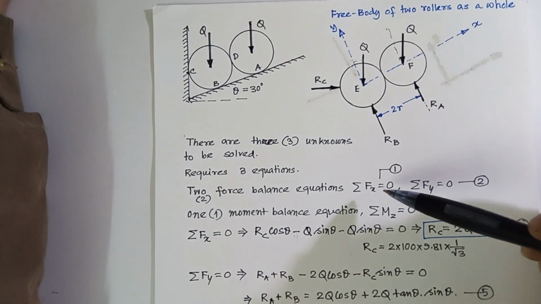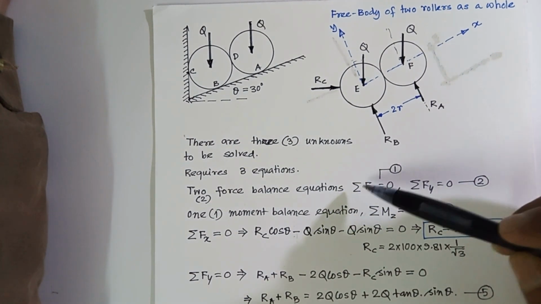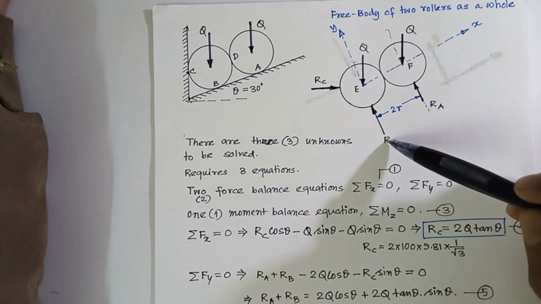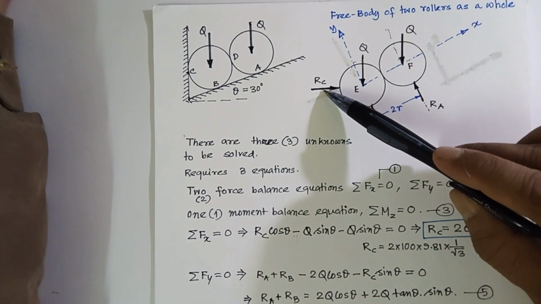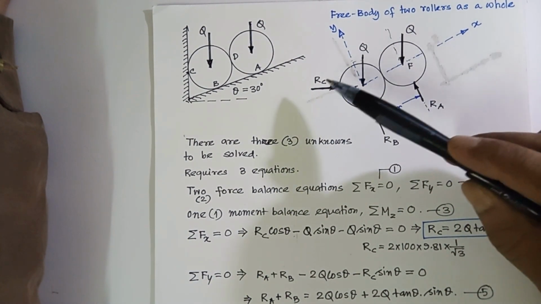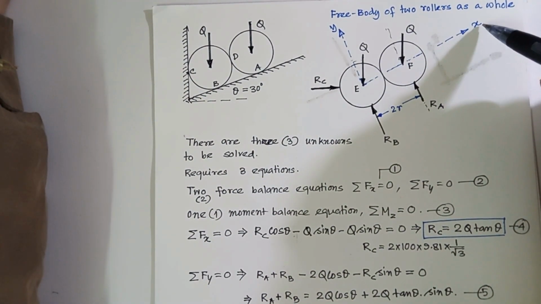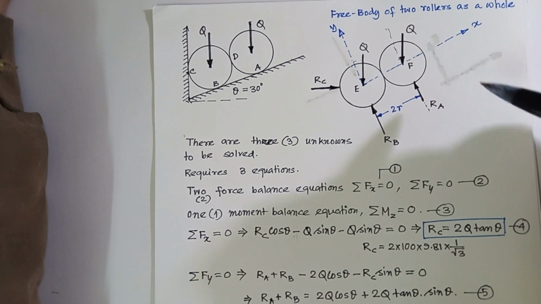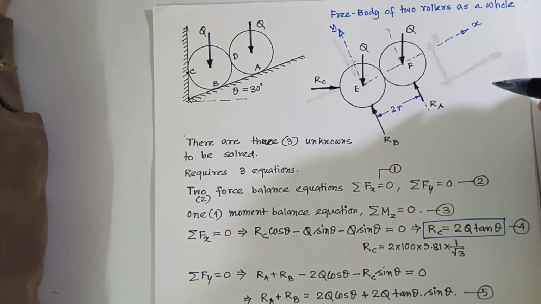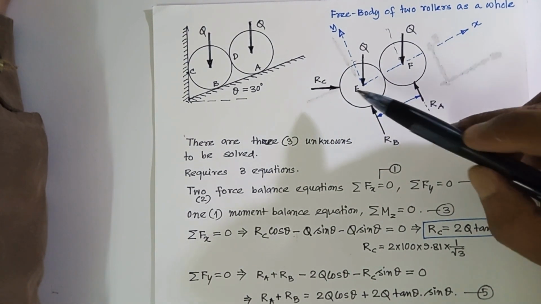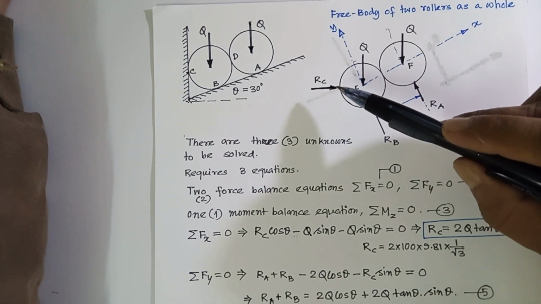So when I write the Fx equal to 0 equation, RA and RB will not appear, only RC will appear along with Q. So RC can be easily solved. That is the strategy. You can define x and y horizontally and vertically also.